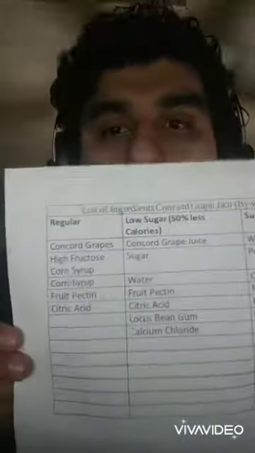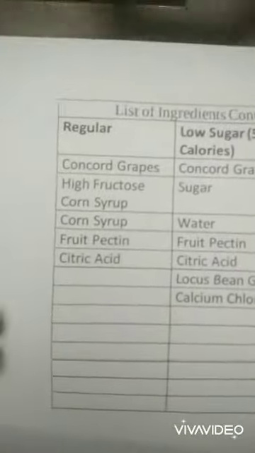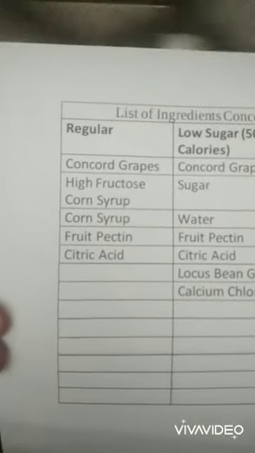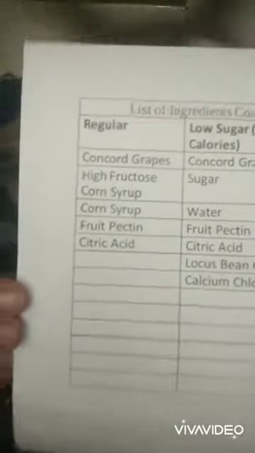Alright, for the part of the ingredient label, this is too small and too complicated for me to show like that, so I just made a little table. It's probably easier to see, and that's the ingredients of the regular one, which is just Concord grape, high fructose corn syrup, fruit pectin, and citric acid.